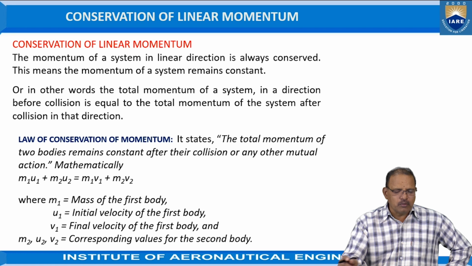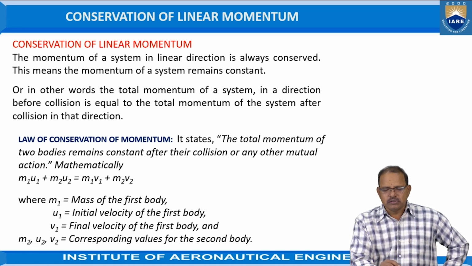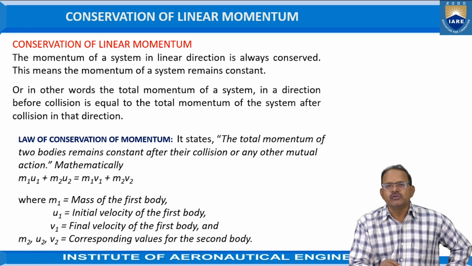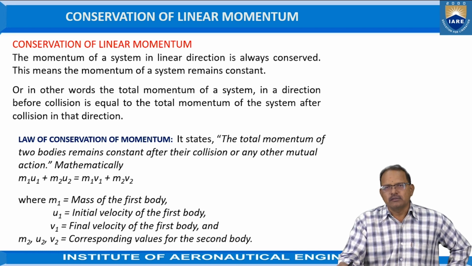Mathematically, the total momentum of two bodies remains constant after their collision, or in other words, in mutual actions. When two bodies collide with each other, the momentum possessed by the two bodies before the collision should be equal to the momentum possessed by them after the collision, according to the law of conservation of momentum.